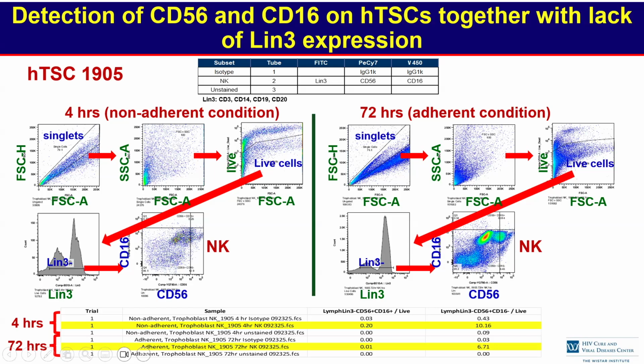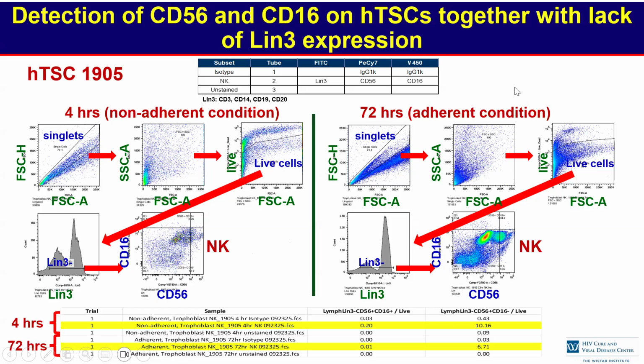Basically, I highlighted in yellow the percentage of the CD56 positive, CD16 negative population and the CD56 positive, CD16 positive population in the two conditions, and also the mean fluorescence intensity. You can see that we were able to detect these subsets, primarily this one, in both conditions.